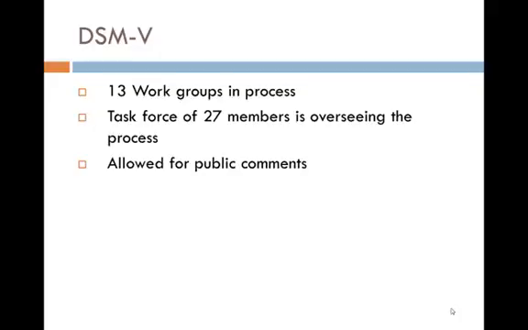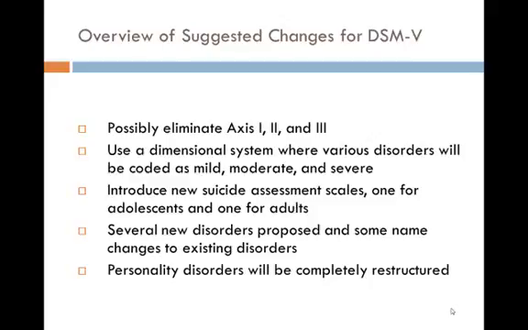So in terms of some of the suggested changes for the DSM-5, they're exploring the possibility of eliminating axes 1, 2, and 3. They're also exploring the use of a dimensional system where various disorders will be coded as mild, moderate, and severe.